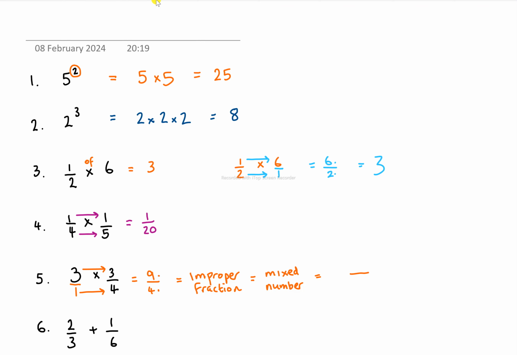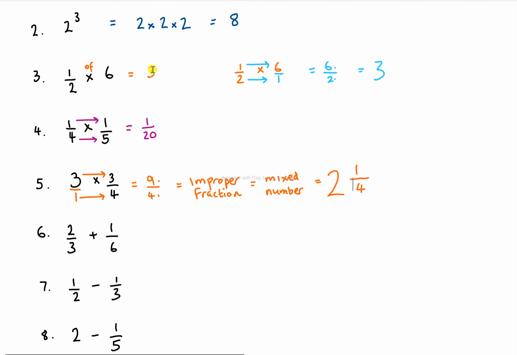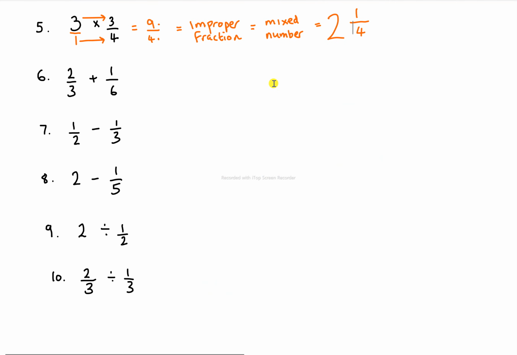I put a fraction line there. There's two 4s because it's 4, 8. Right, put the 4 at the bottom, and my remainder goes at the top. There's one remainder. So I've got 2 1/4. 2 1/4 is equal to 9 quarters. Right, let's keep moving on.